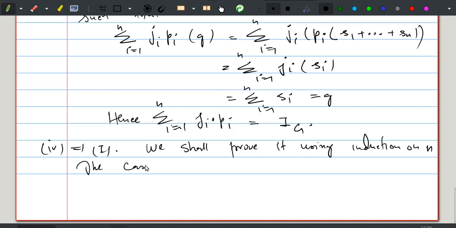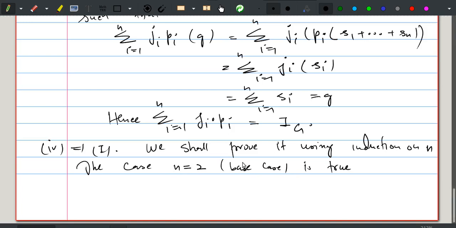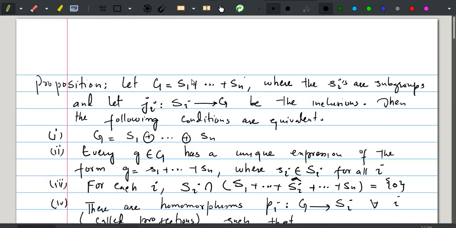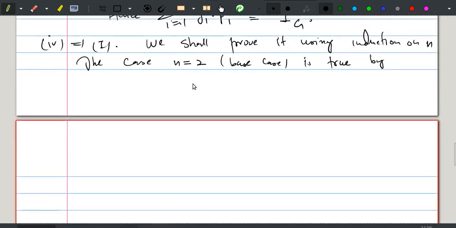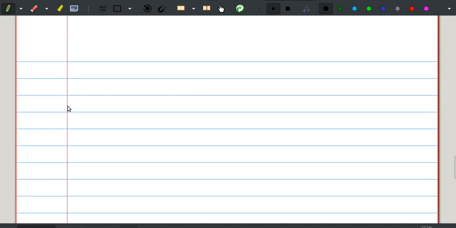In the case n is equal to 2, which is the base case, it is true because it is already proved in the previous lemma.